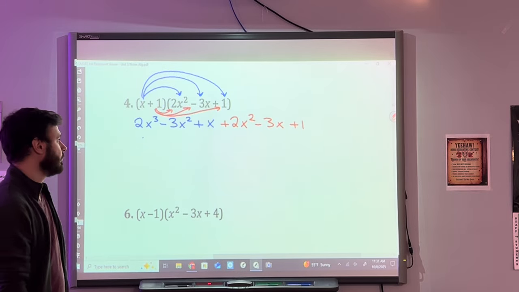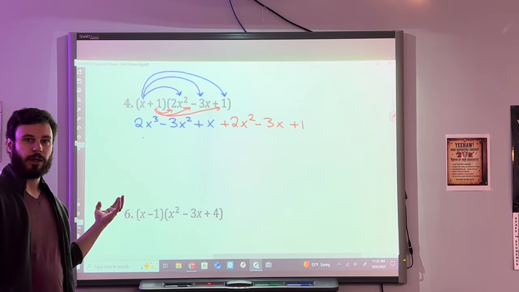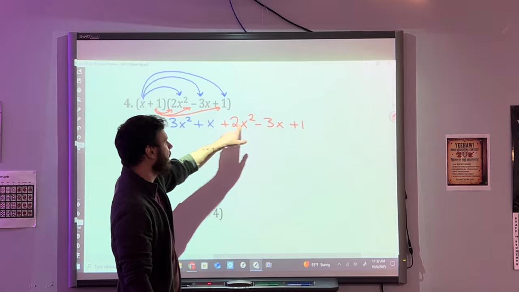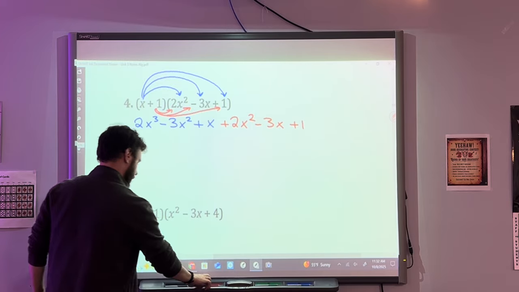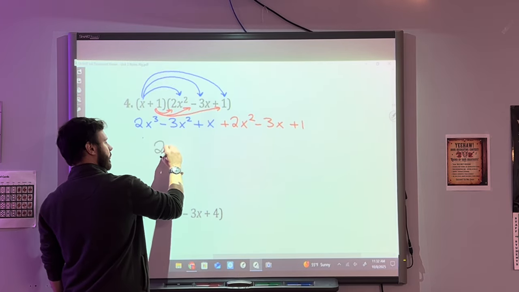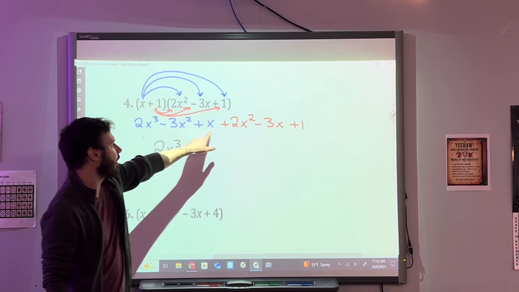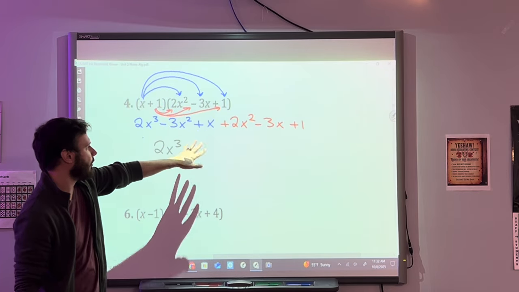Okay. Now we're going to combine our like terms. I see 2x cubed. I don't see any other x cubes. So 2x cubed is all alone. Negative 3x squared plus 2x squared, no other x squareds.